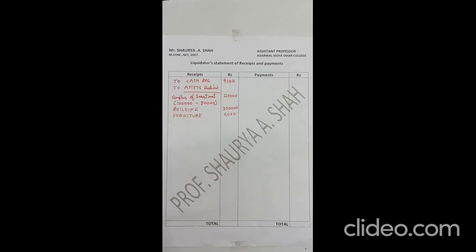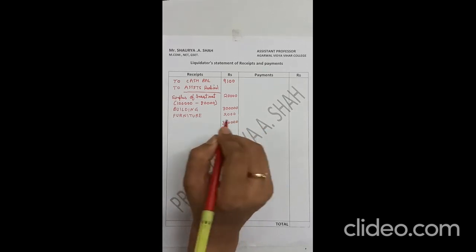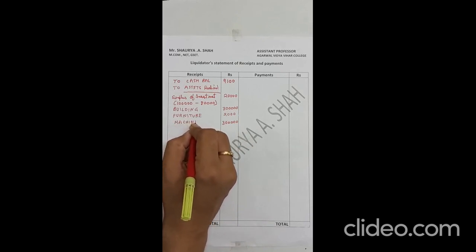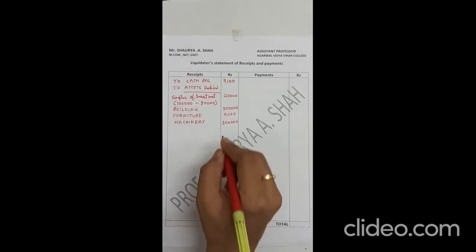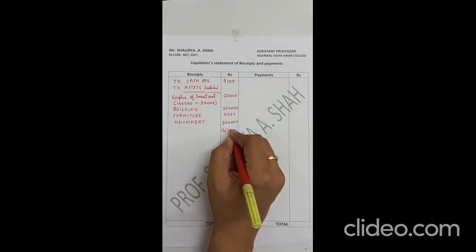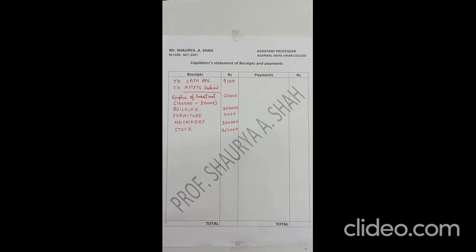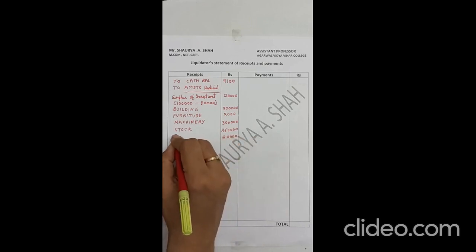Then you have received 3 lakh rupees again for machinery. Then you have received rupees 2,60,000 for stock. This information is given in your adjustment, students. And last, 20,000 rupees are received for debtors.